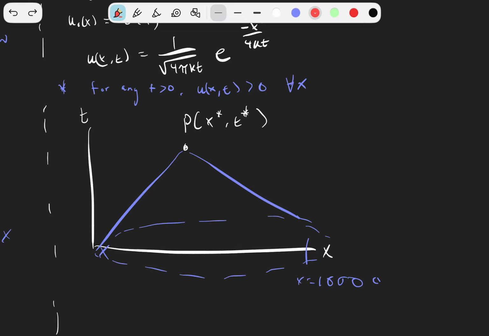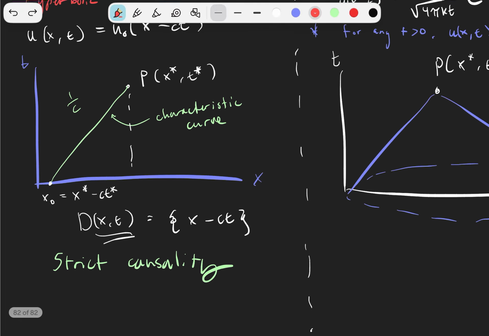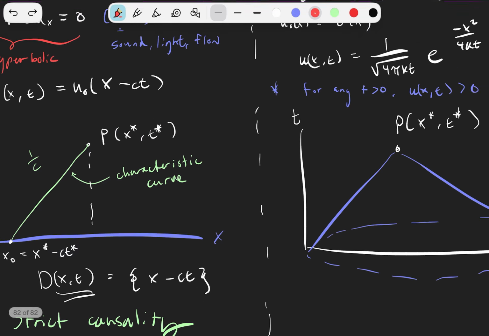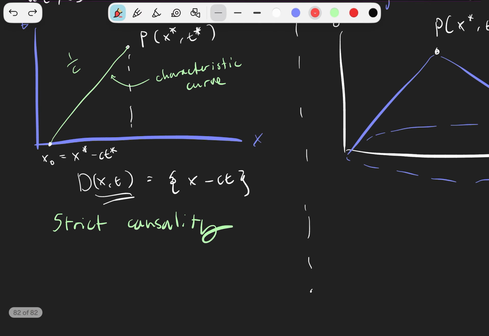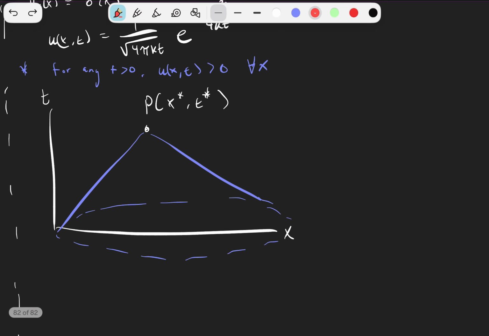So as you would imagine, if we had some initial data, the discontinuities are not preserved at all. Unlike over here, where the initial data preserves everything along a characteristic, this is smoothing and diffusing everything.